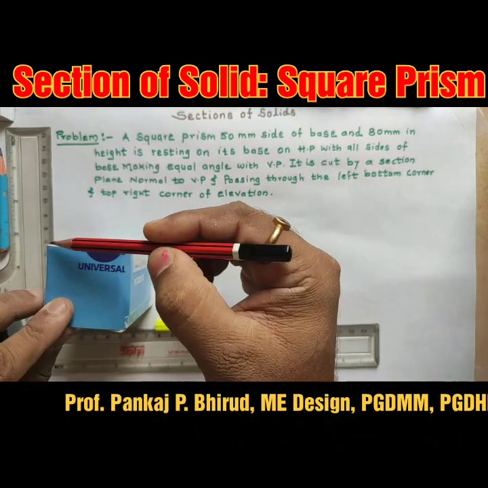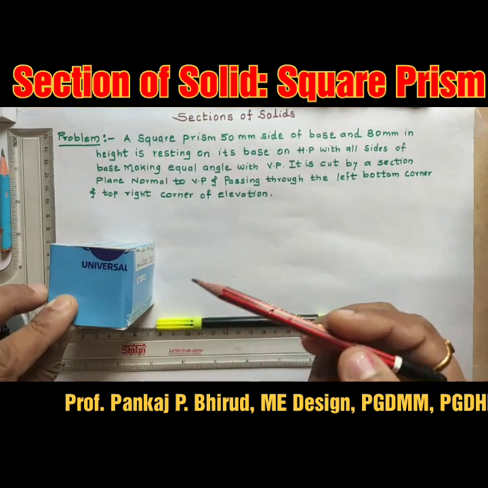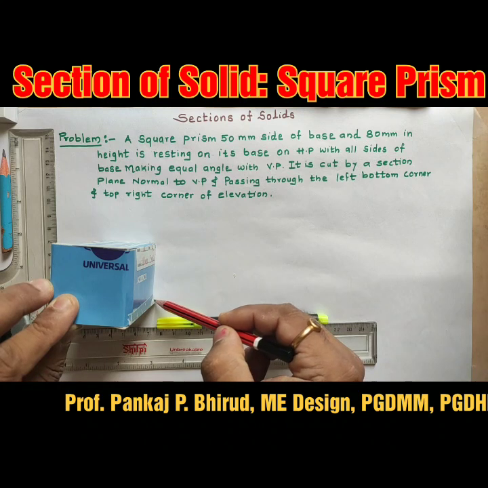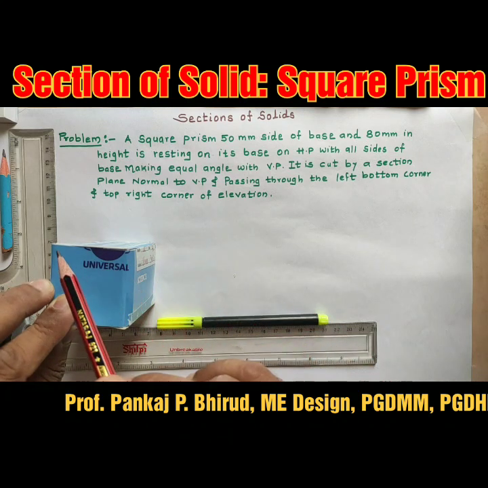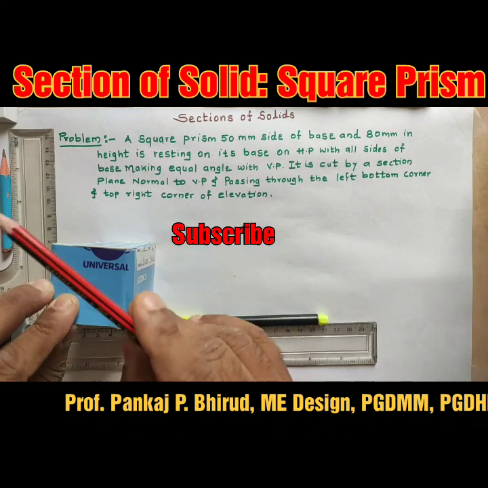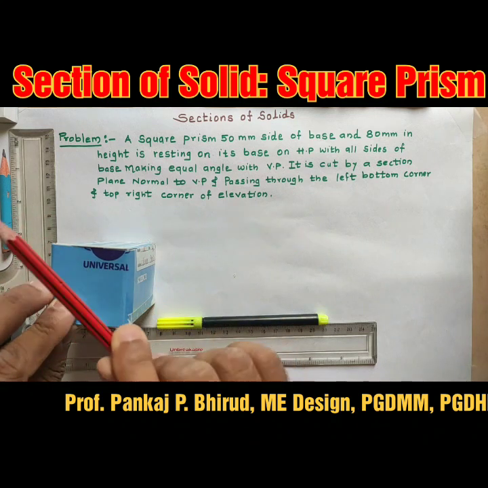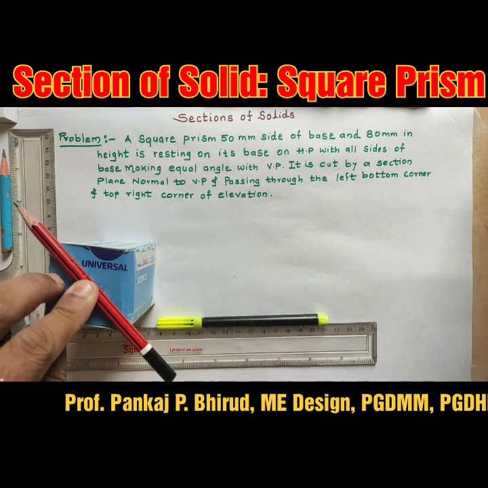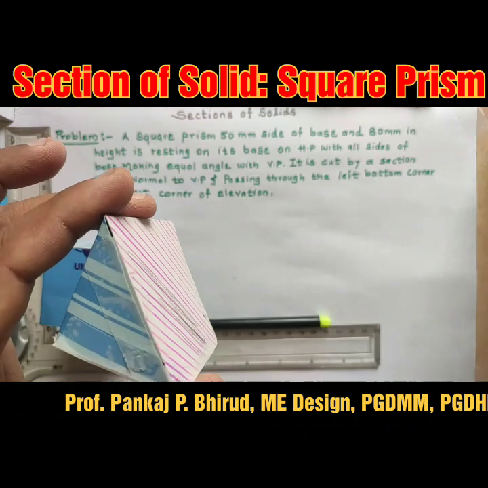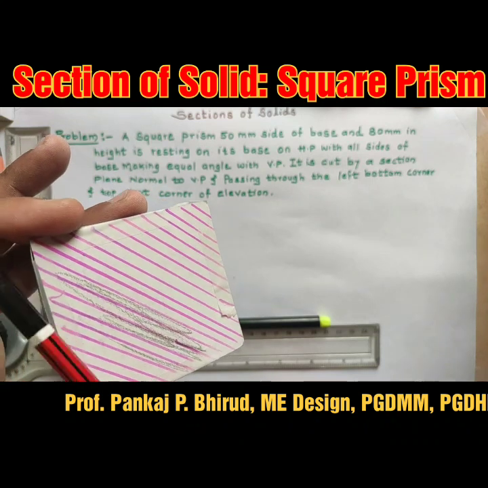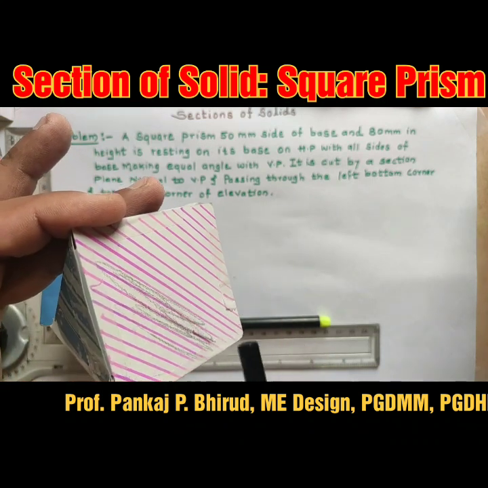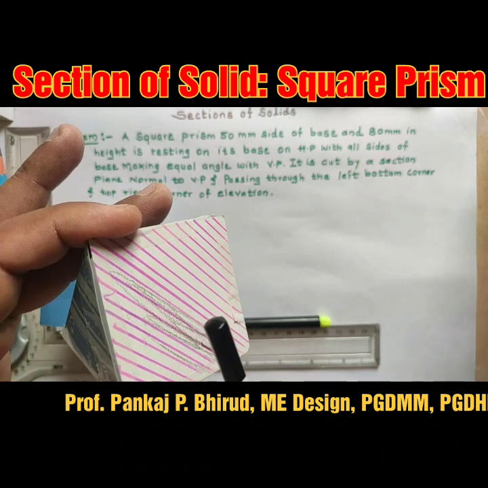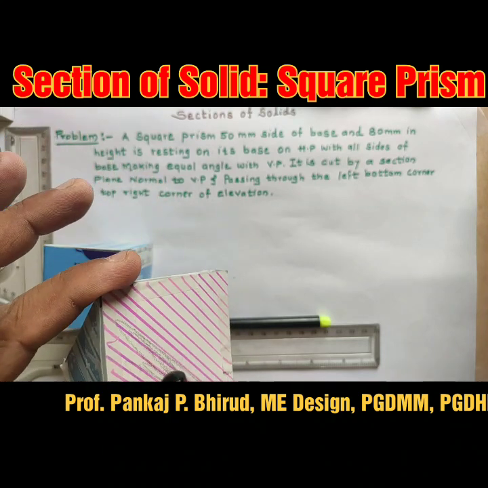So we will cut this, and we will get this section like this. So let us try to draw the front view, top view and true shape of the solid.